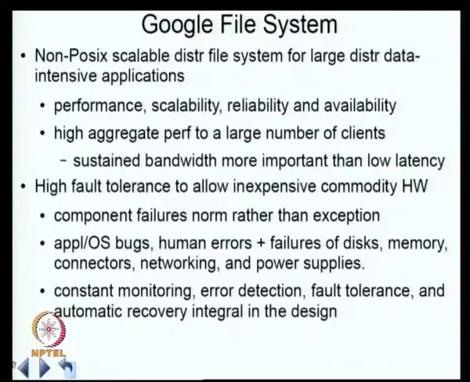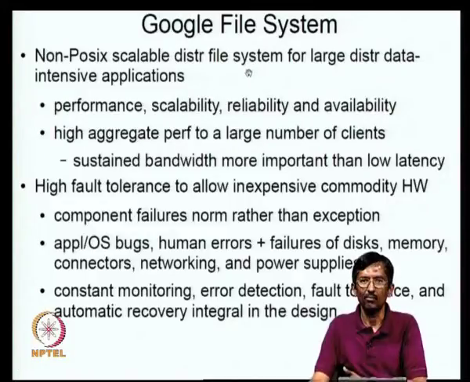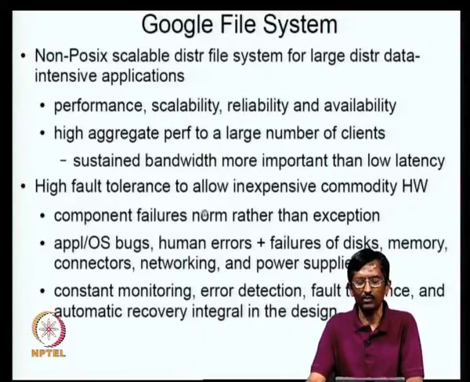So, we looked at some aspects of the Google file system, and we noticed that it has a specific idea about how to do things. One of them is that it takes care of faults in the system quite well, and another is that it has a somewhat relaxed consistency model.